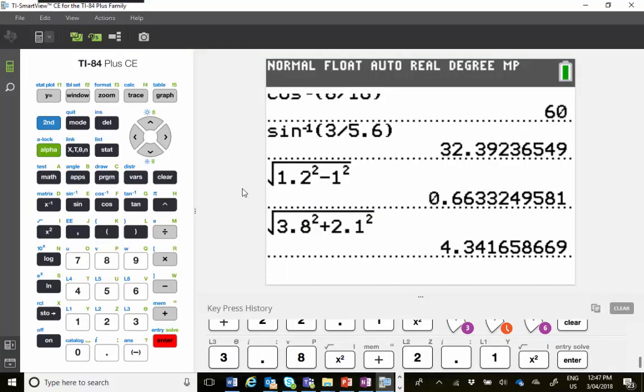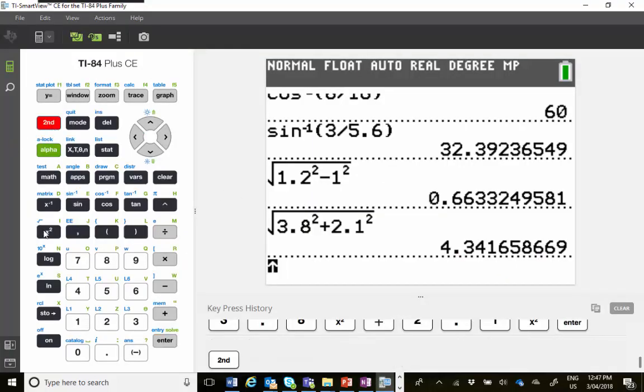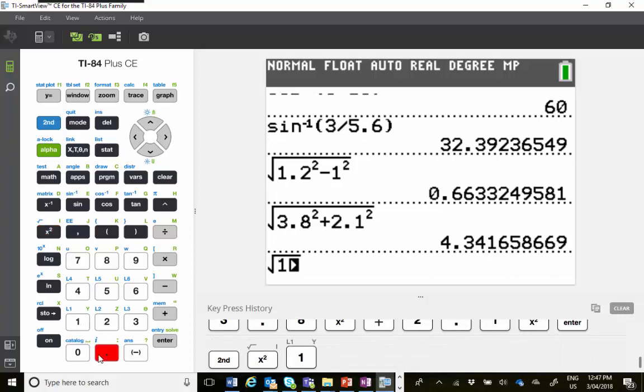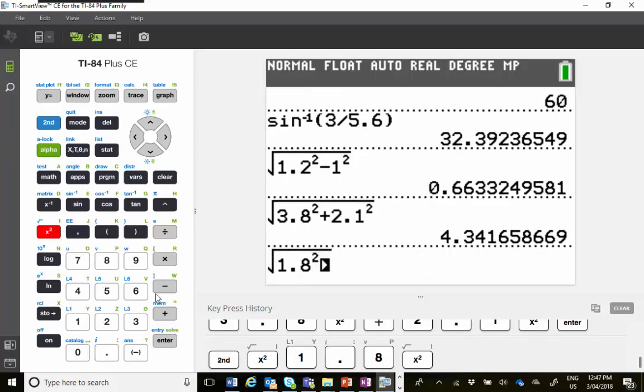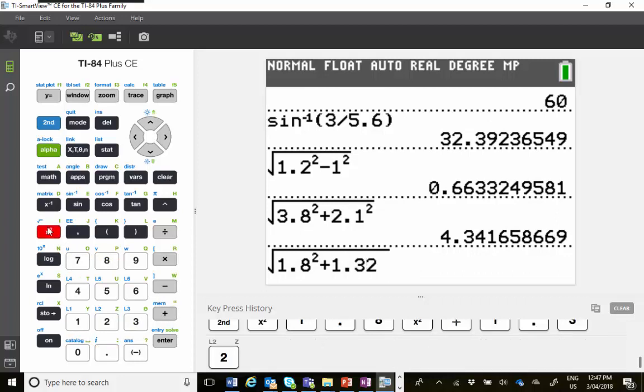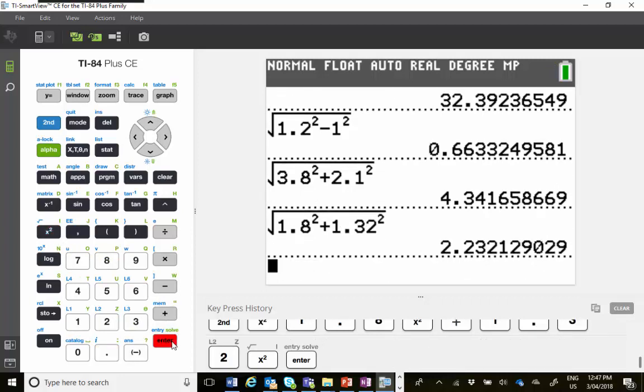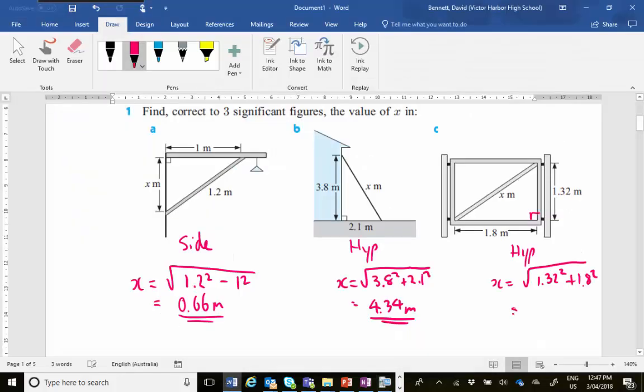So we can do that: 1.8 squared plus 1.32 squared, and that's going to give me 2.23 metres.